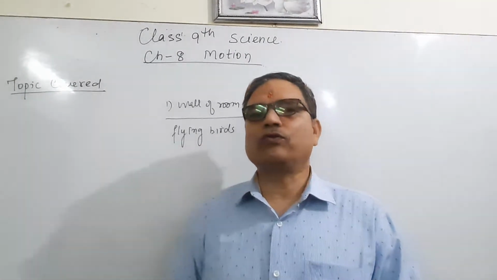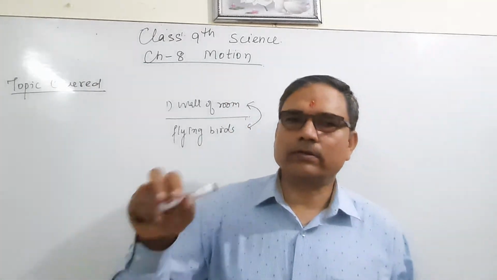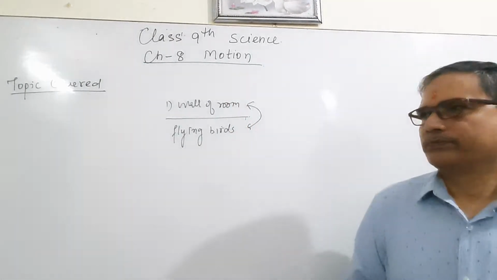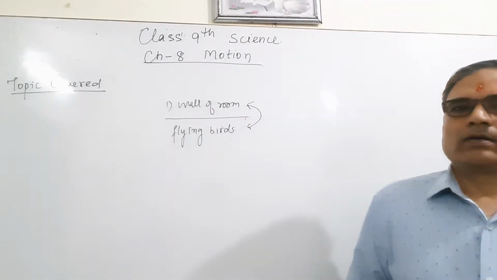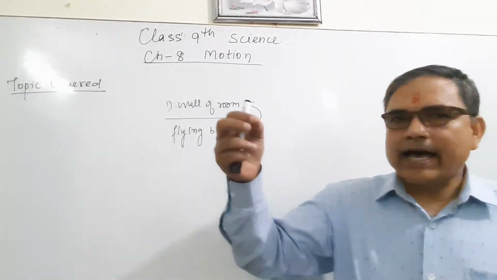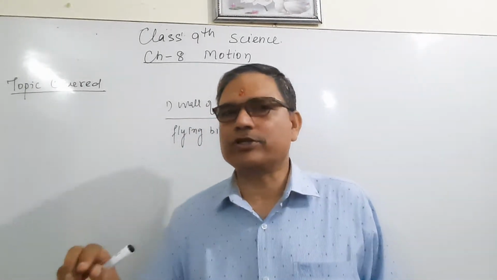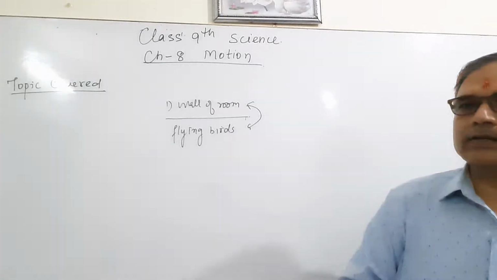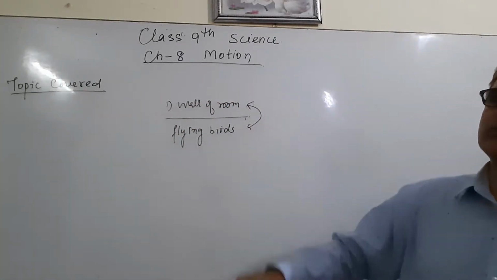Here I have used the word place. Place means the position. The wall of a room has a fixed position. It does not change its position. We can say that this wall of the room is at rest.